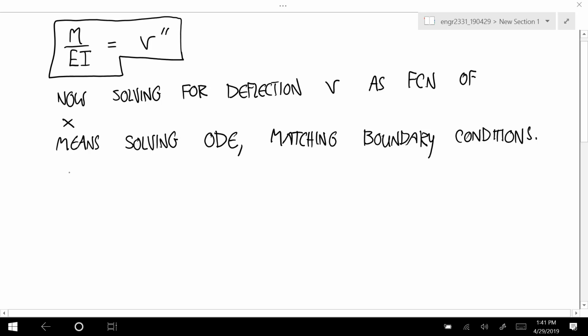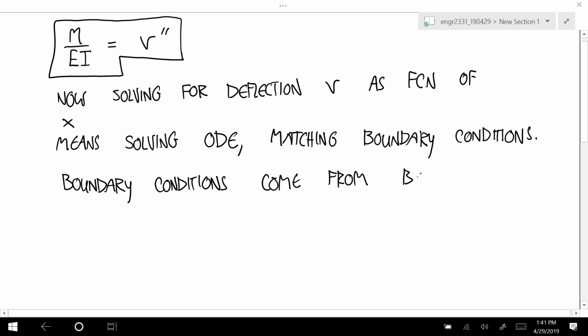So the boundary conditions are going to come from the behavior that you expect at the joints. And so here are the joint types that you'll have to deal with.